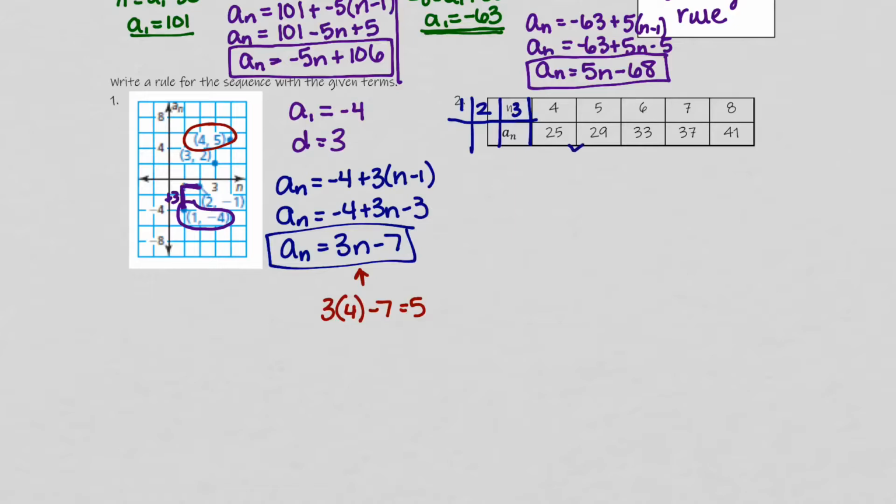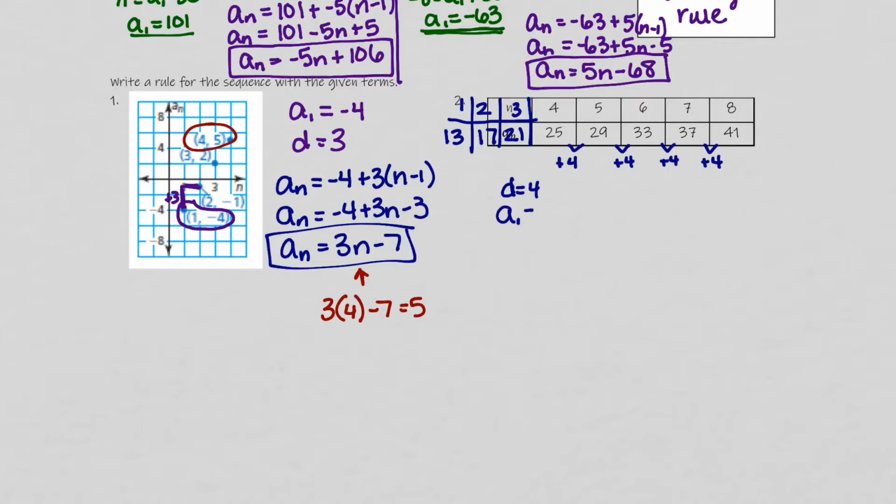It looks here like I'm adding 4 each time. So that tells me that's what d is, okay? So I know d is 4. Well, if I'm adding 4 each time to move to the right, subtract 4 each time to move to the left, so I get 21, I get 17, and I get 13.